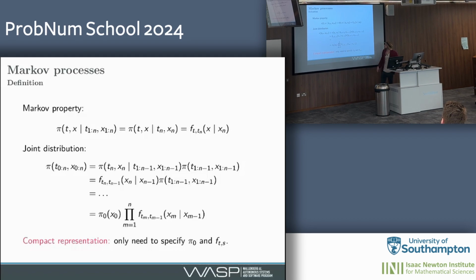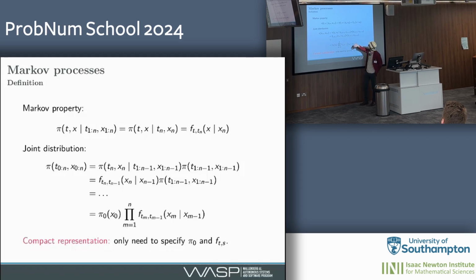And of course, you can use this property to factorize any finite dimensional distribution. First we take x and condition on everything else, and then we take the joint of everything else, and the conditional just becomes this forward kernel.